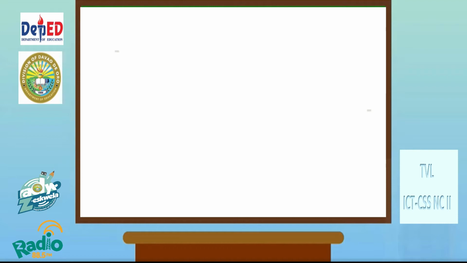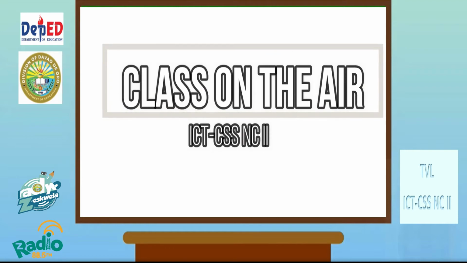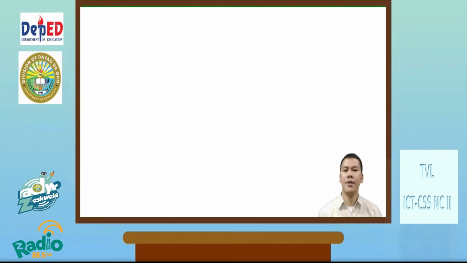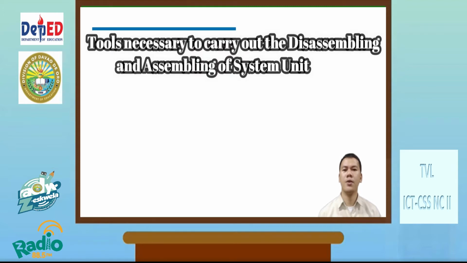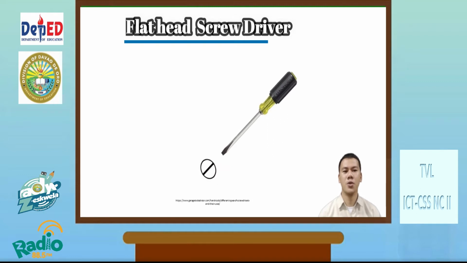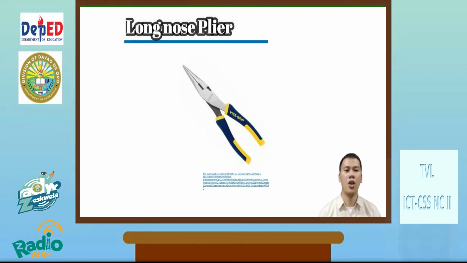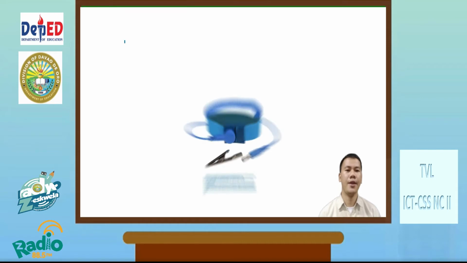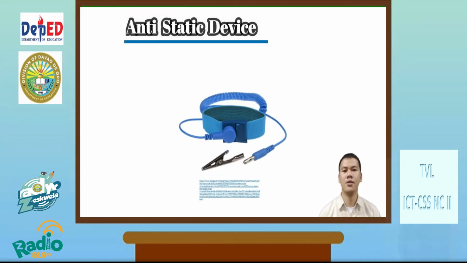Again, the tools necessary to carry out the disassembling and assembling of the system unit are Phillips screwdriver, flat head screwdriver, long nose plier, and anti-static device.